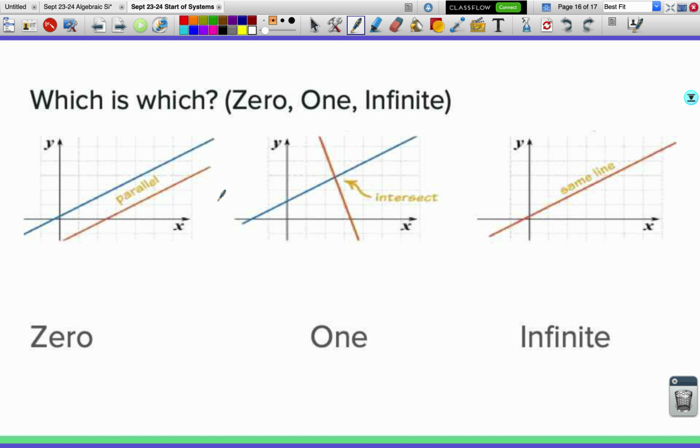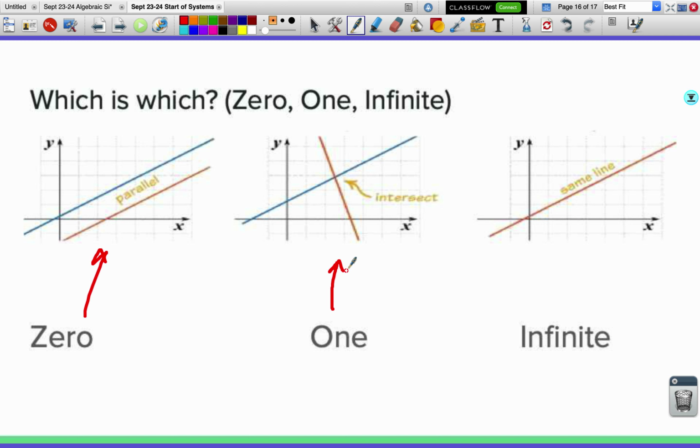Okay, and here are those 3 scenarios in different graphs. Which one is which? 0, 1, or infinite? Well, they are lined up right now. Our first graph would have 0 solutions, where we have 2 parallel lines.